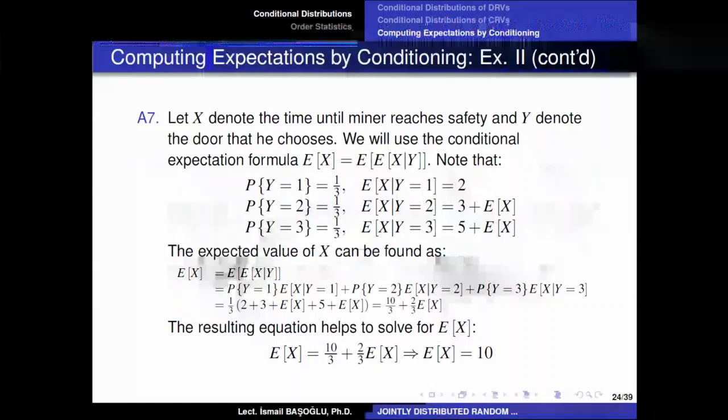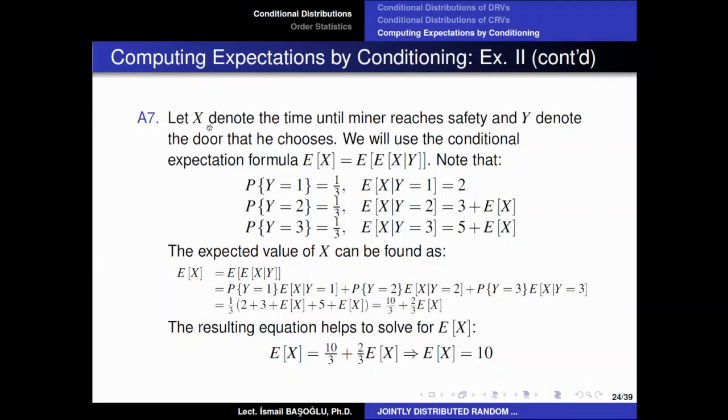Now, in order to solve this question, we are going to write down the random variable X as the time until the miner reaches safety. Okay, so that is X, and we are interested in calculating the expected value of X, the expected value until the miner reaches safety. And Y is going to be the door that he chooses, because his first choice is the doors, right?